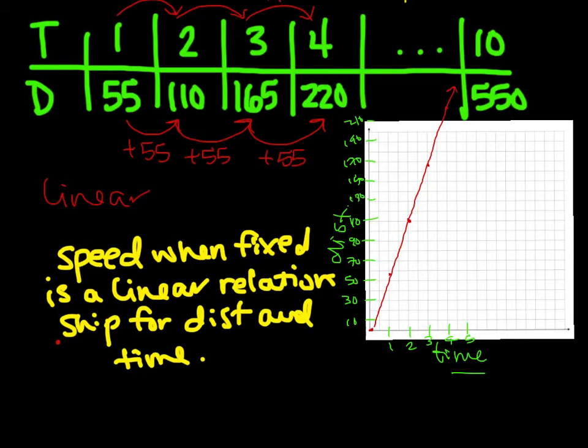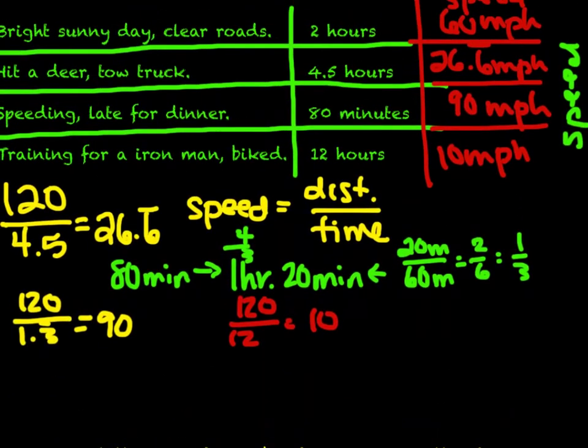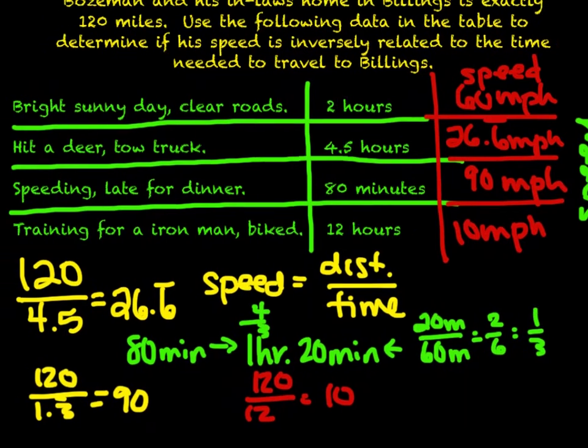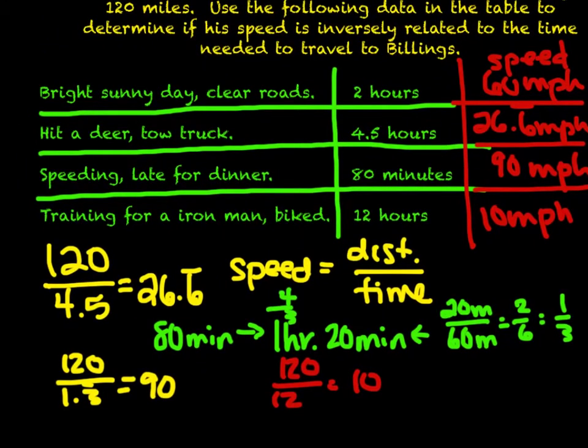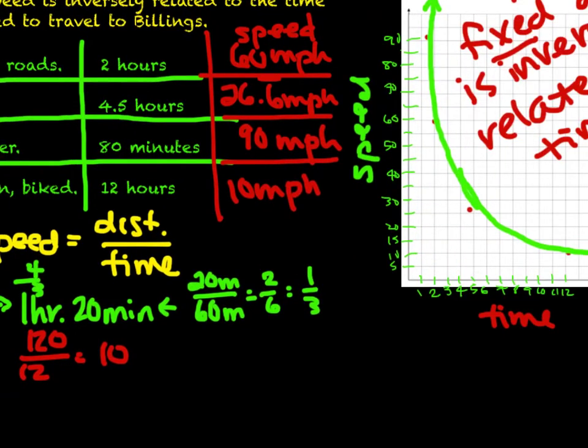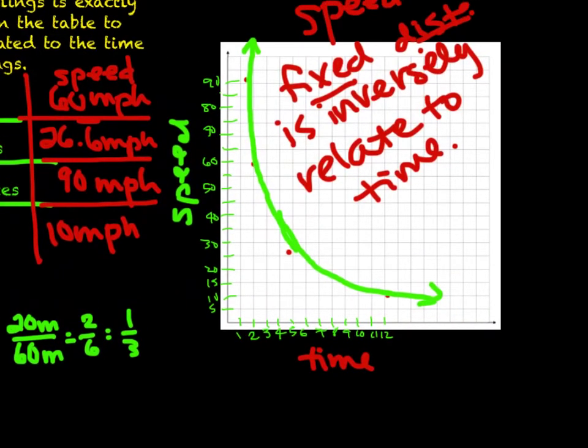So looking at that, if speed is fixed, we can look at distance and time and see how they change. However, when we have a situation when distance is fixed and speed could change however it feels like, our time is inversely related to that. So we'd end up with this crazy water slide of a graph.